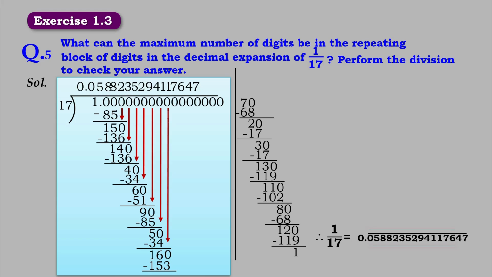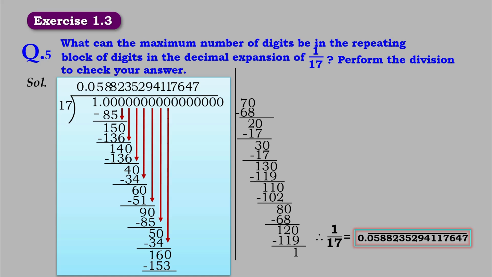So that's why 1 by 17 is equal to... Now here if you take a look, at the end we got 1. So that's why 1 by 17 is equal to 0.0588235294117647.